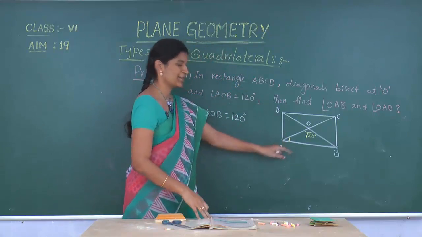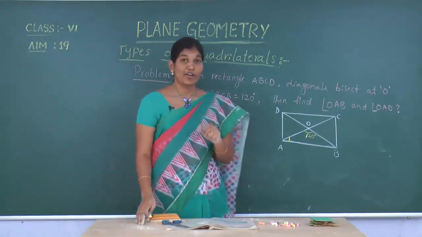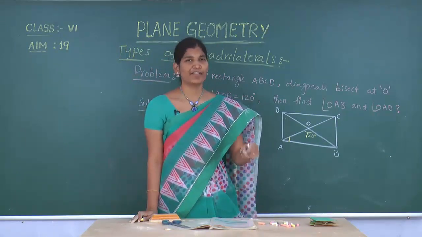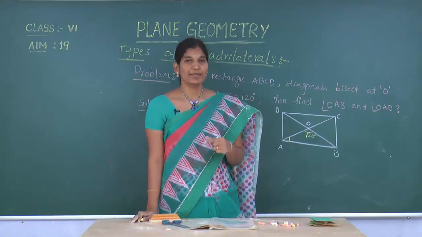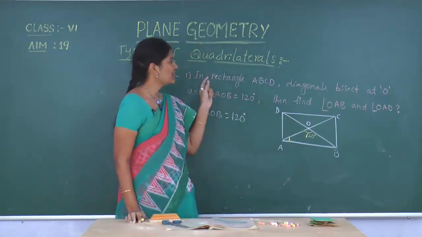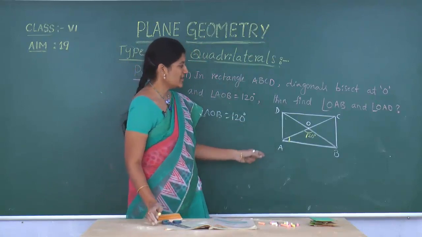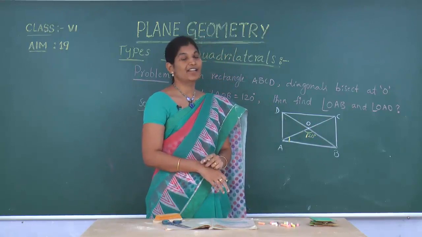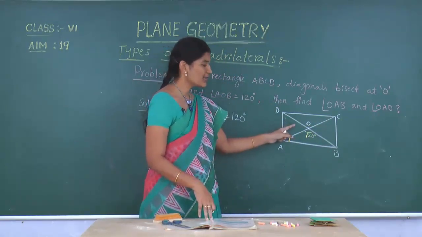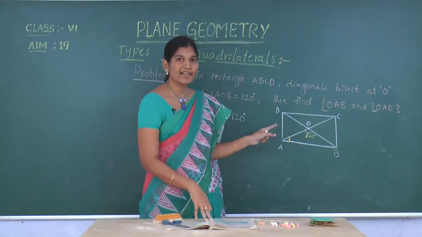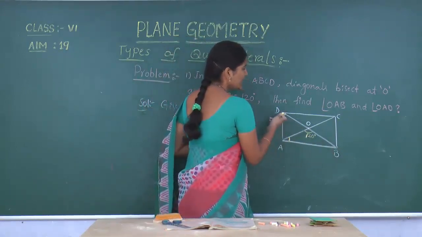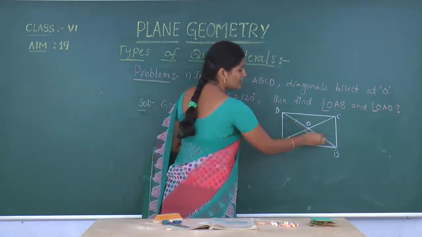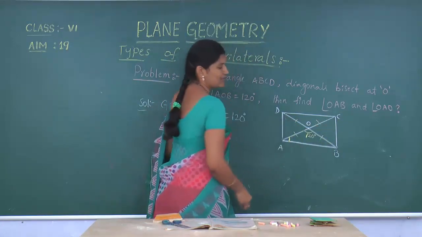First let me find this one. I already told you the properties of quadrilaterals; any type of quadrilateral properties are very, very important. Let me remember the properties of the rectangle. In a rectangle, diagonals are equal and bisect each other. This property is very useful to solve this problem. Diagonals are equal means BD is equal to AC, and moreover diagonals bisect each other, so this is equal and this is equal.